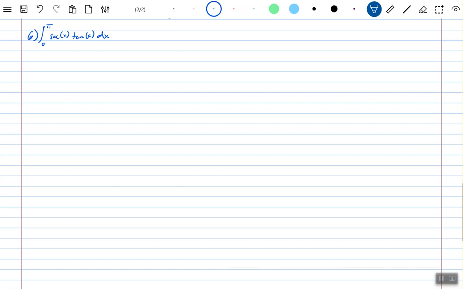All right, now let's try this definite integral. The integral from 0 to pi of secant x times tangent x dx. All right? So there are a couple ways to do this one.